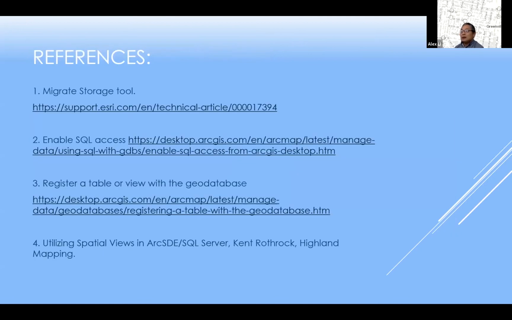And as I said earlier, I put some useful links here, especially for how to use the migrate storage tool, and also the enable SQL access tool, and also talk about which object ID we want to use when we register the spatial view. And so that's my presentation. And thank you so much.